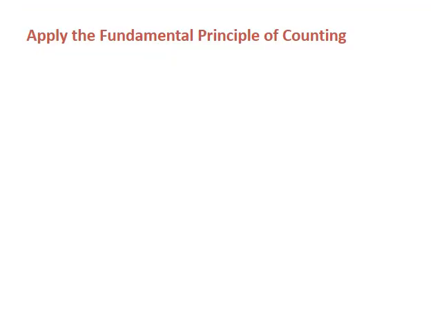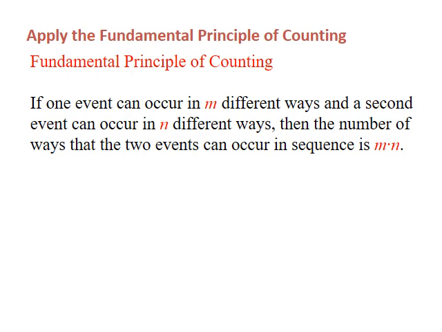This is called the fundamental principle of counting. And basically, the fundamental principle of counting says that if there are m different ways, and then there are n different ways, if you want to find how many total ways there are, you simply multiply those.